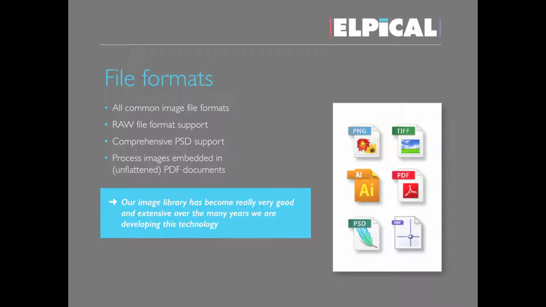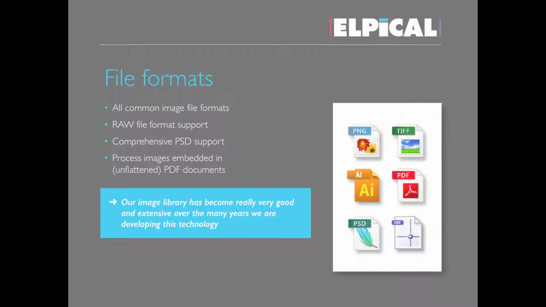So you can process a fully laid out PDF file, a fully made up PDF file. Claro will extract the images out of the PDF file, taking into account, once again, the scaling and the cropping on how they're placed in the PDF file, optimize them, and reinsert them in the PDF file.